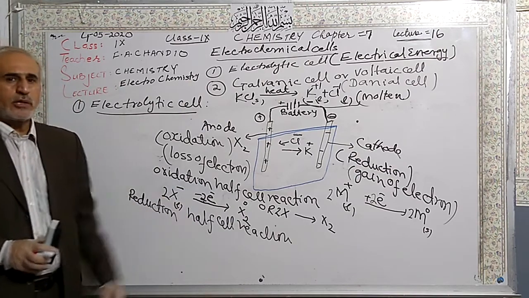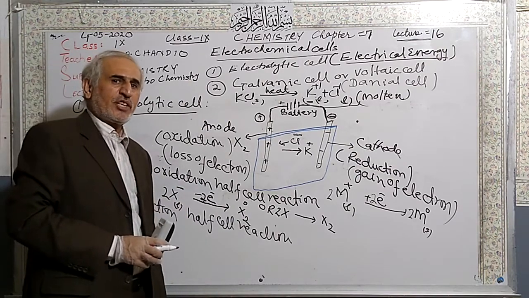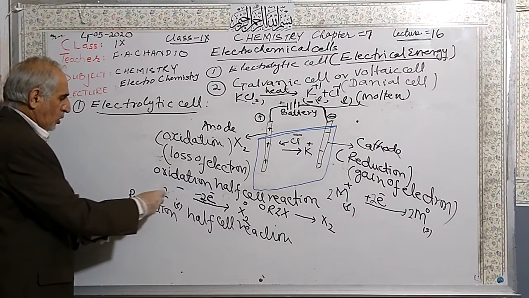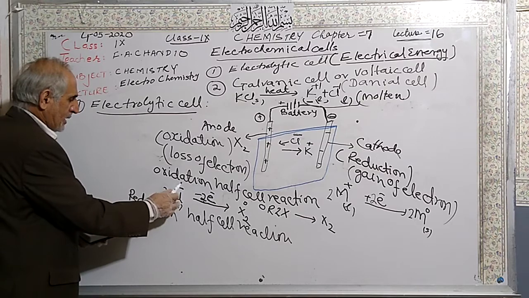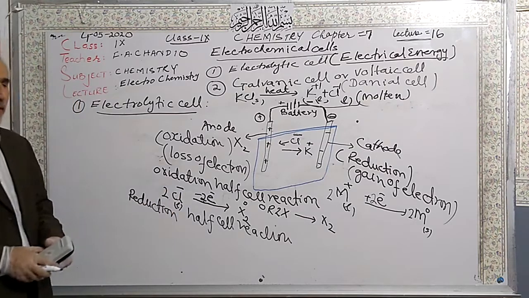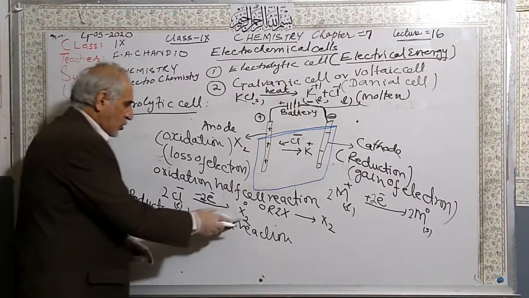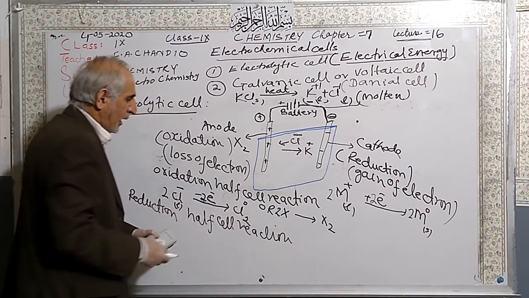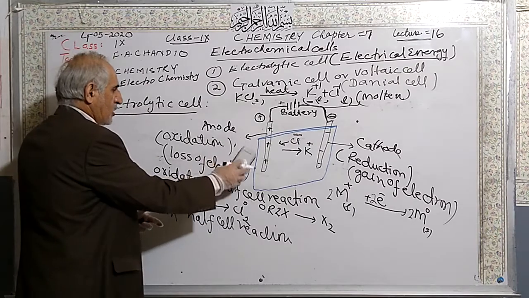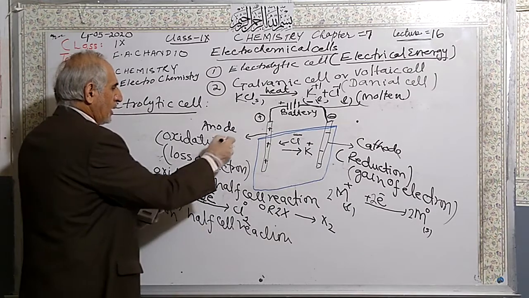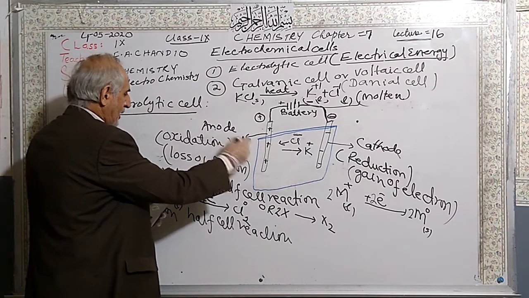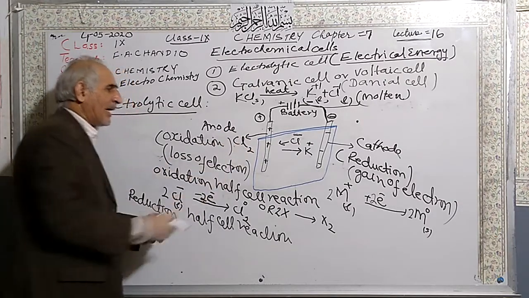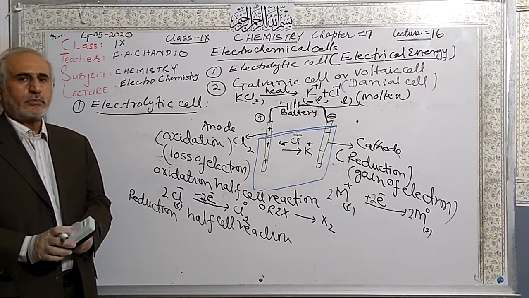When the electric current is passed, the two chloride ions go to the anode, and as I told you, the chlorine atom does not exist on its own, so it must be in molecular form. That's why I directly write it in gaseous form, chlorine gas. You can collect chlorine gas at the anode.